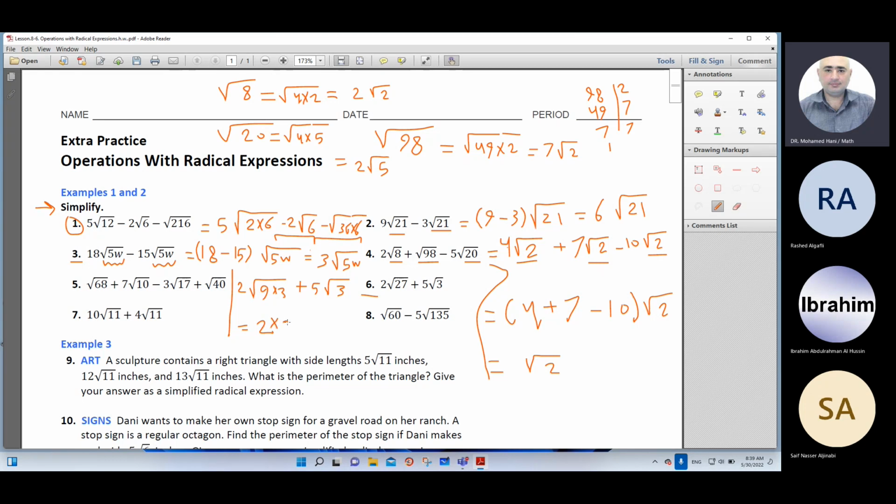Will be 3, square root of 3, plus 5 square root of 3. 2 times 3, 6 square root of 3 plus 5 square root of 3. Now we can add, because we have the same square root. 6 plus 5 will be 11 square root of 3.